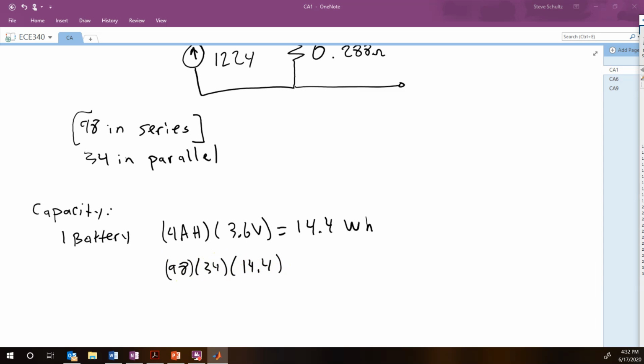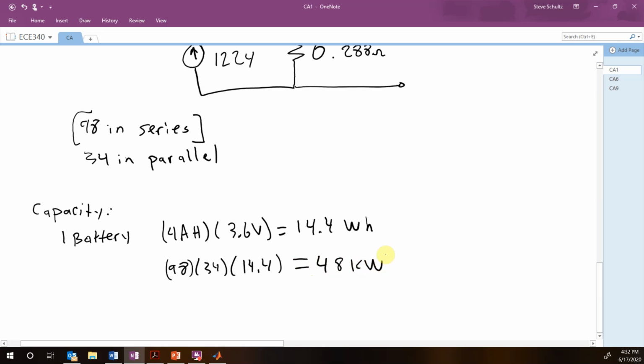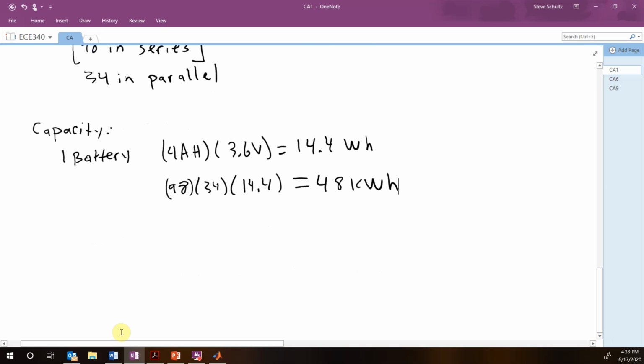98 and 34. So we have 48 kilowatt hours. Okay, so this capacity is actually a little bit less, and so we would have to increase our number of batteries to get it a little bit higher.